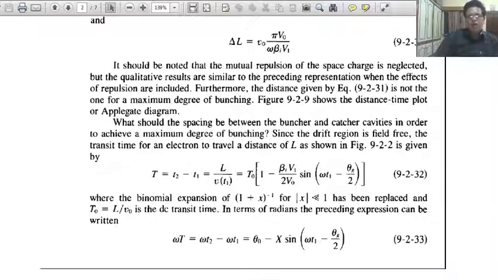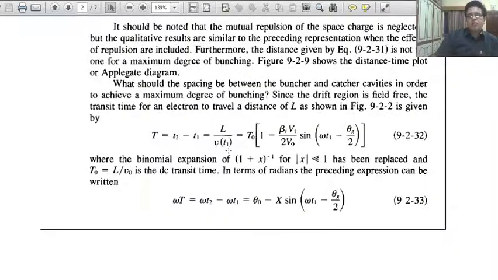Now we are trying to derive the expression by using relations and taking some assumptions.